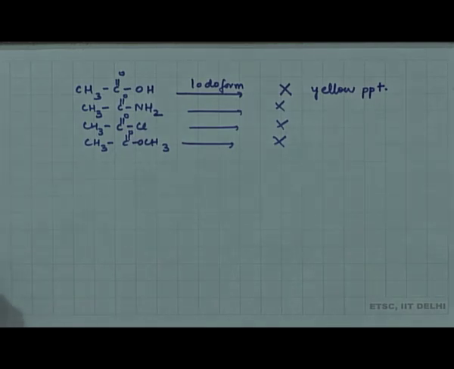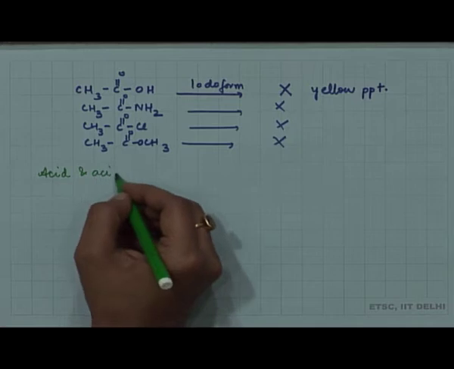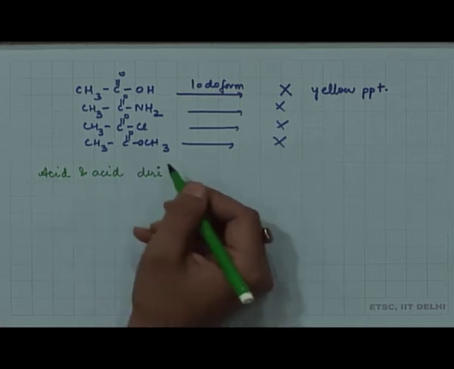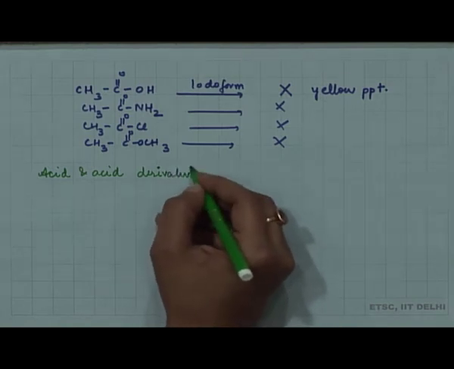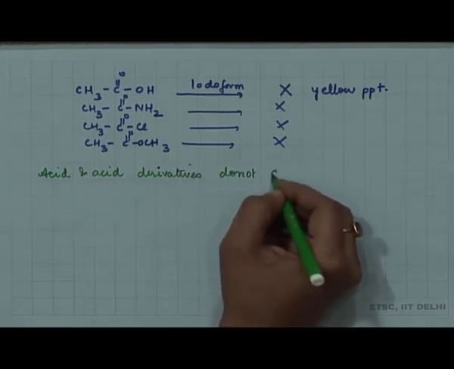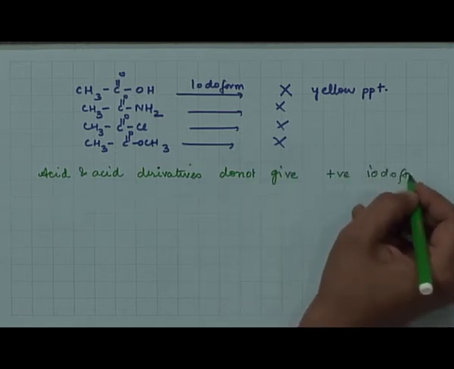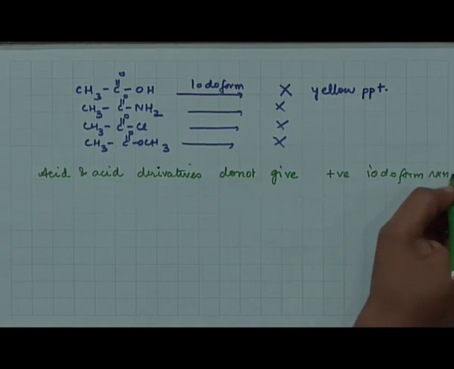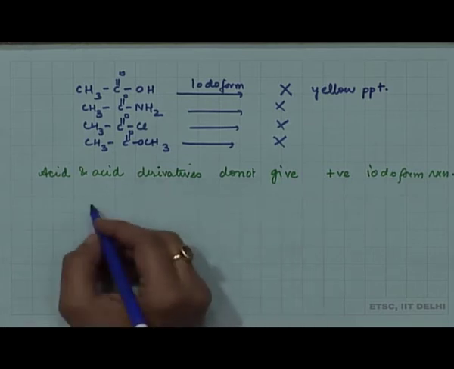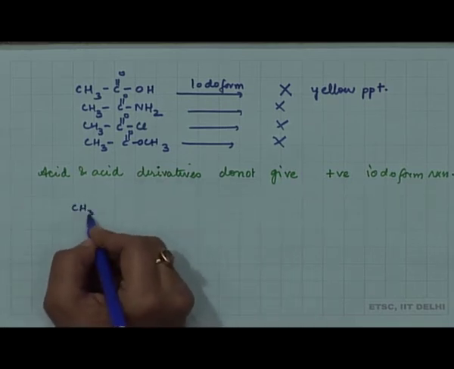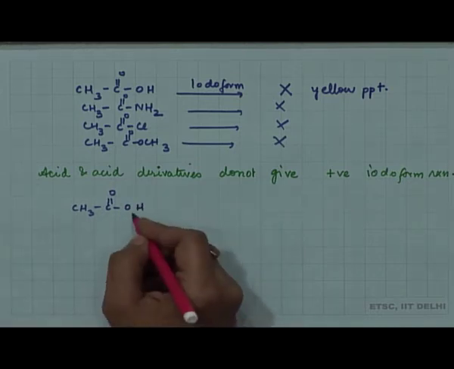So, in general we say that the acid and acid derivatives, other than ketones and the aldehyde, which is acetaldehyde, do not give a positive iodoform reaction. So, now let us rationalize why this is happening. Recollect that we are carrying out this reaction under alkaline conditions. If you have an acid, this is the most acidic proton of the acid.